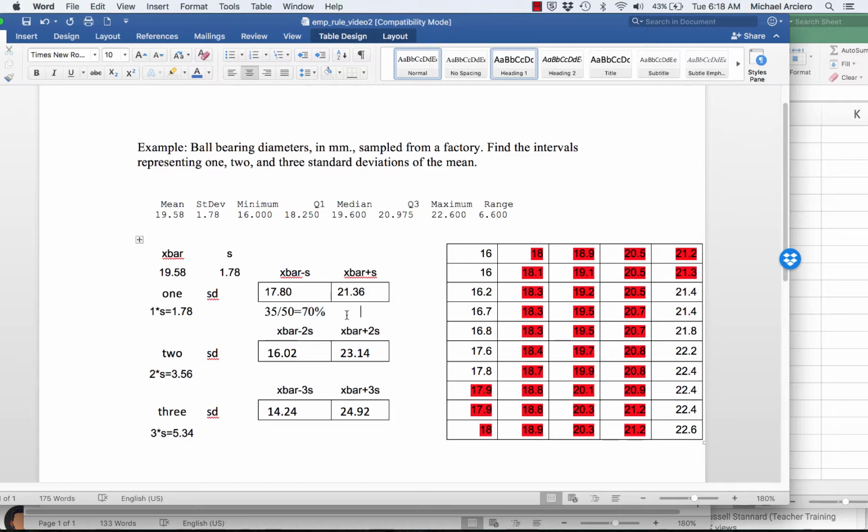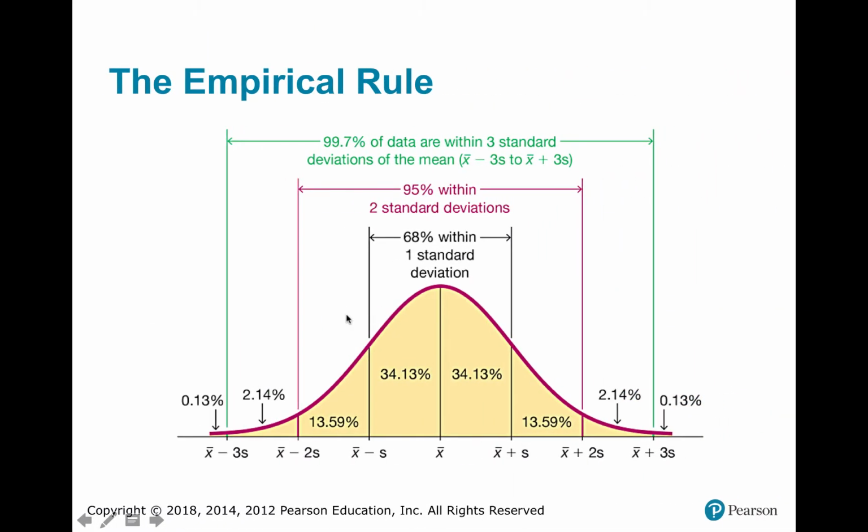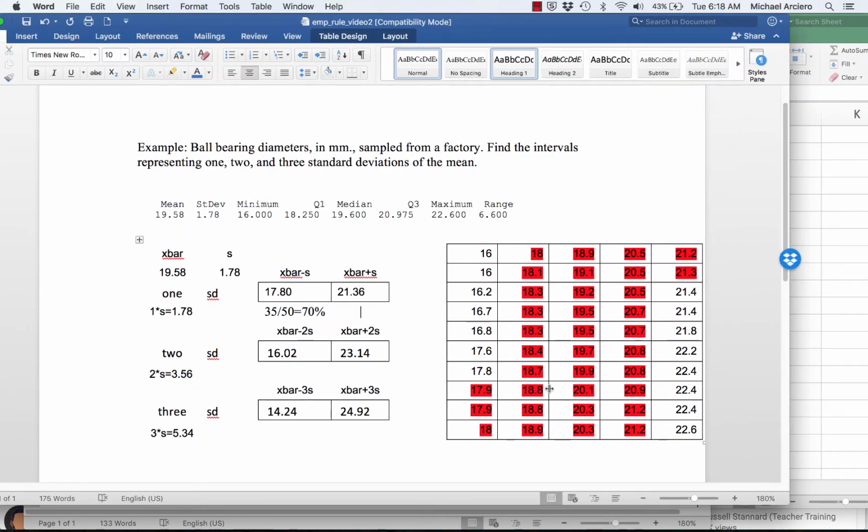So that roughly agrees with our empirical rule of 68%. It's a rule of thumb. It's not hard and fast, it's an approximation. If you have a sample, it'll be approximate. If your population is distributed approximately normally, it'll be approximate. We get exactly 70% of the data here, which is close.